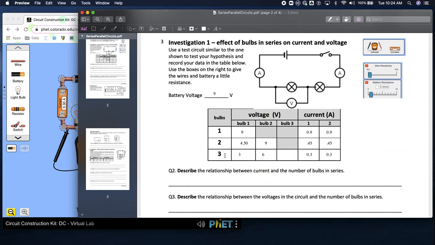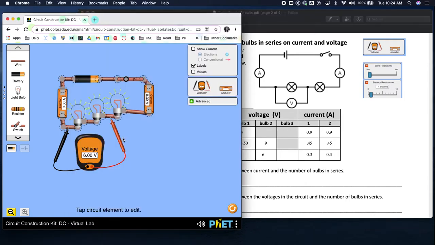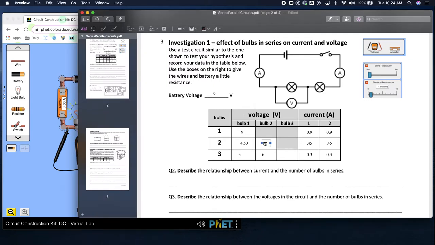What do you think 3 light bulbs is going to give us? 9 volts. Okay, so how many light bulbs do we have in this experiment? We have 3. A 9-volt battery divided by 3 light bulbs is 3 volts. So that's 3 volts each. Each light bulb is using 3 volts.